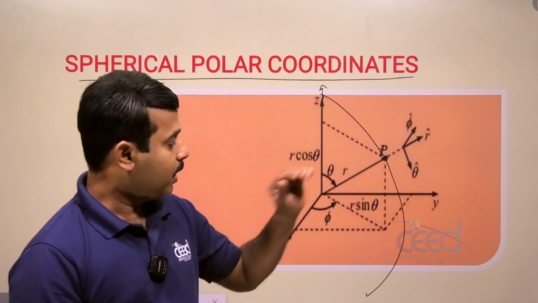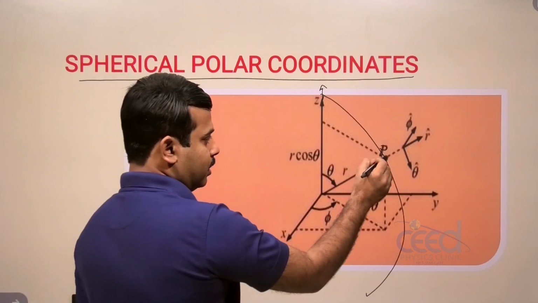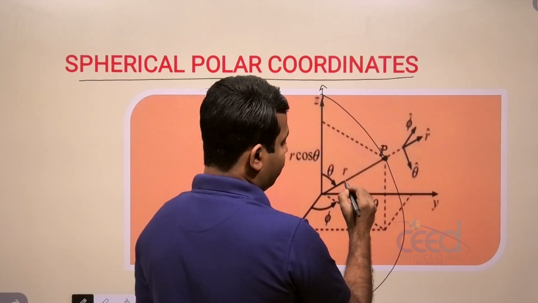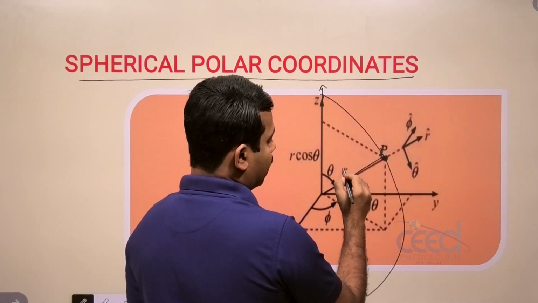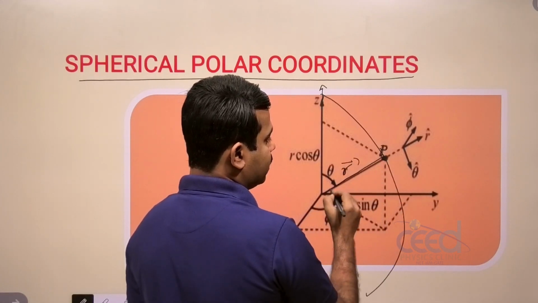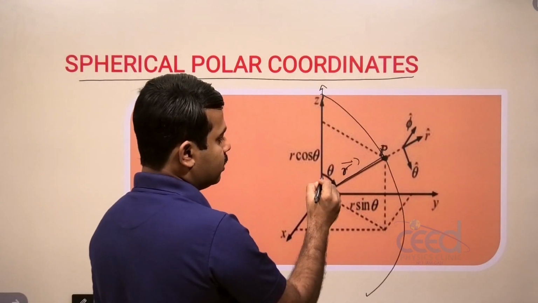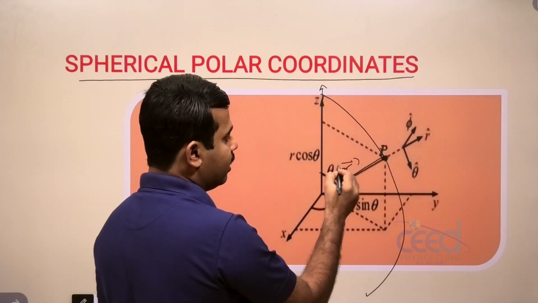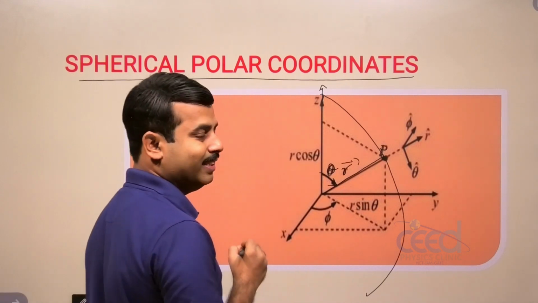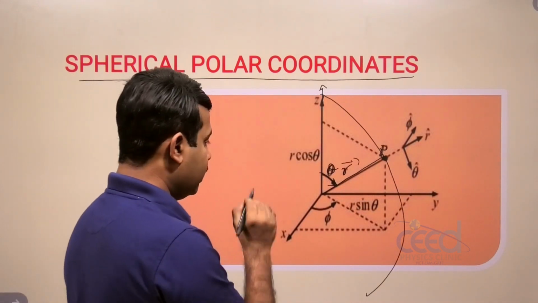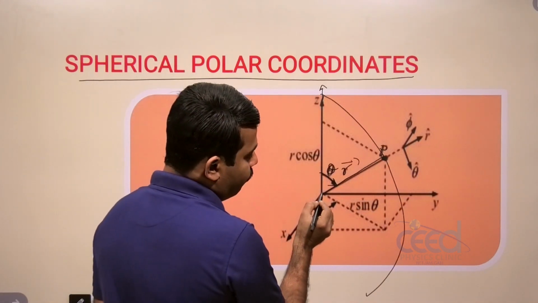To represent this point, we need this radius vector r, and about the axis it makes an angle theta.